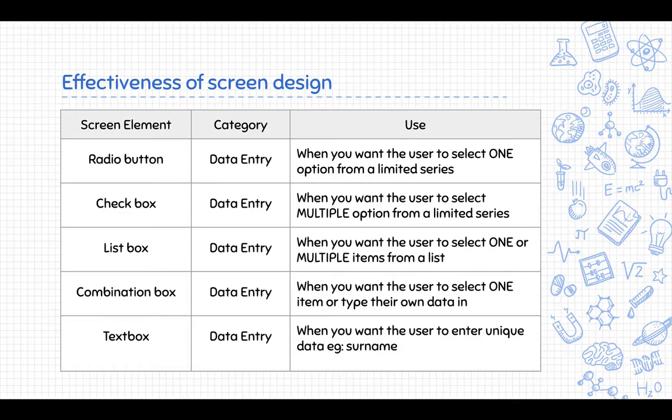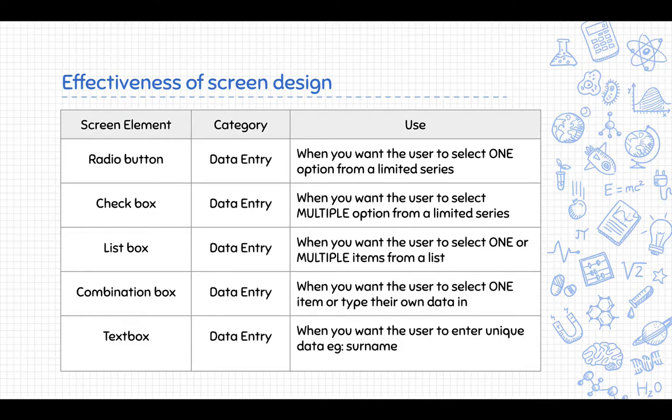So if you have 5 things that you want your user to choose from, yep, you can give them 5 radio buttons as a screen element, and if you put them in a series, they'll only be able to check 1. So, what year group are you in? You could definitely have those as 5 radio buttons.